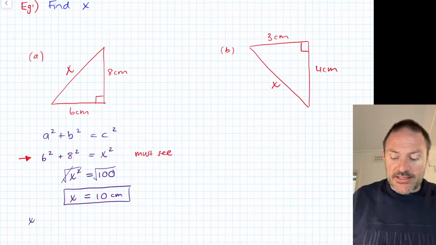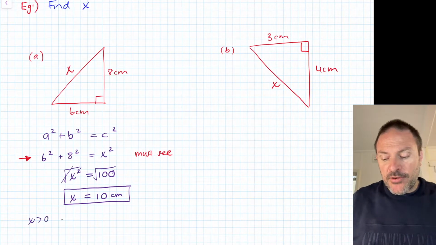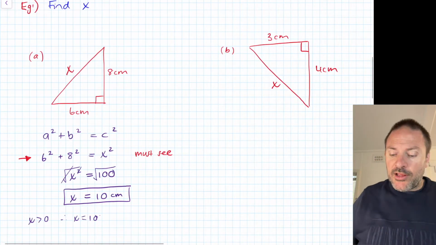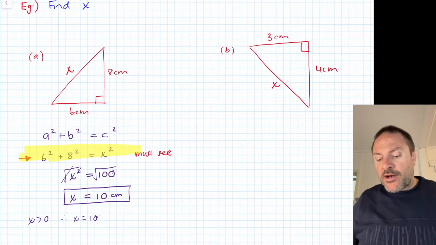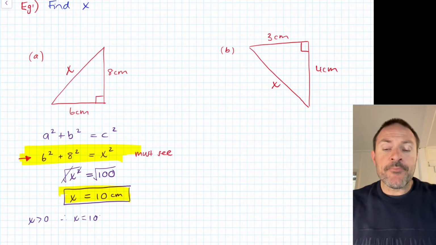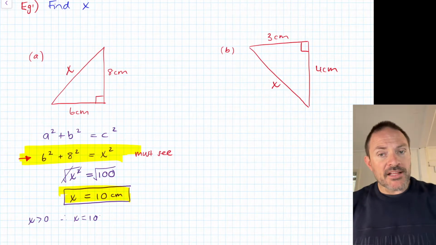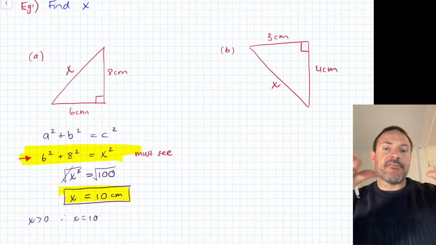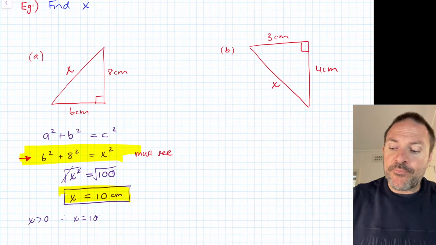Some people will say x must be greater than 0, therefore x must equal 10. I'm okay with that. You don't need to have that in there. The minimum amount of working are going to be those two lines that I want to see every single time. If you show some more working, that's fine. Some people will do the 36 plus 64, whatever floats your boat.